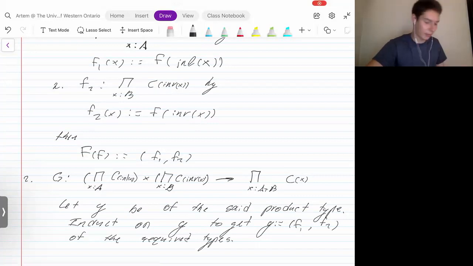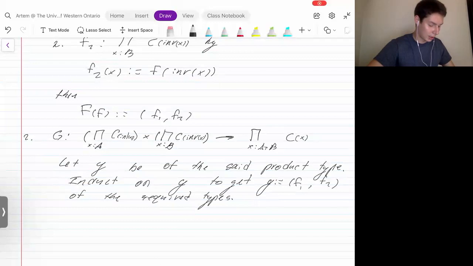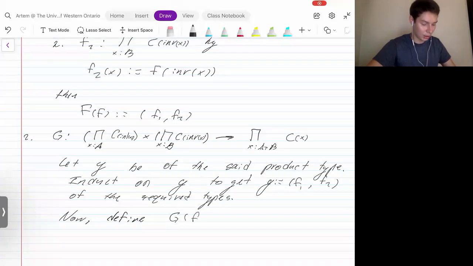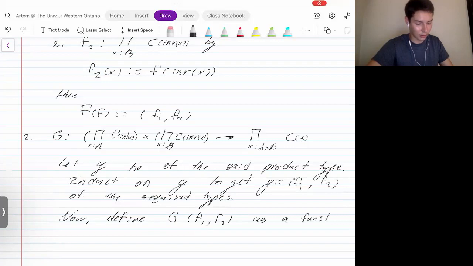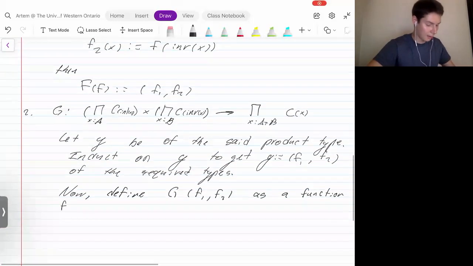So now we see them as a pair. Now define g at f1, f2 as a function f such that, how do we define it?